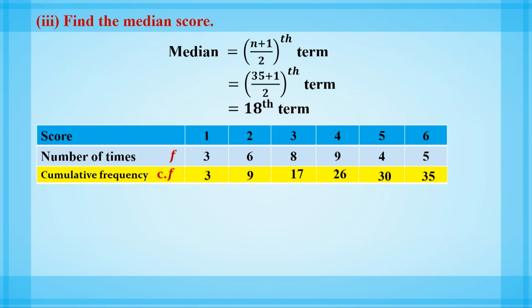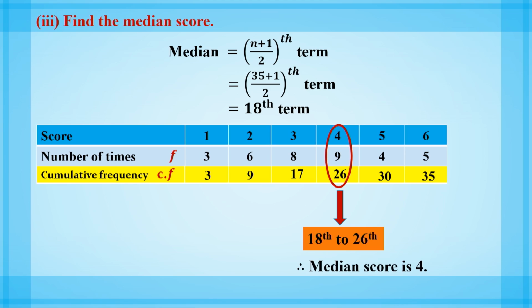Observe the last value in this row corresponds to the total number of observations, that is 35. Now, the cumulative frequency here indicates from the 18th to 26th positions, each data is the score 4. Therefore, the median score is 4.